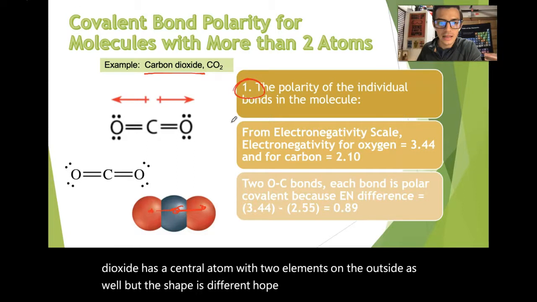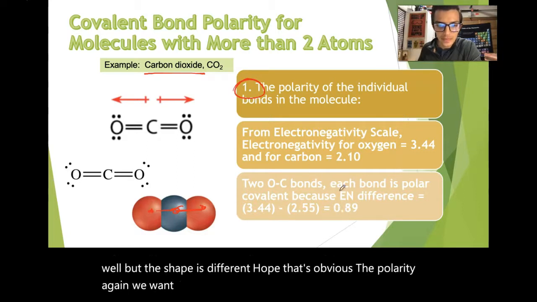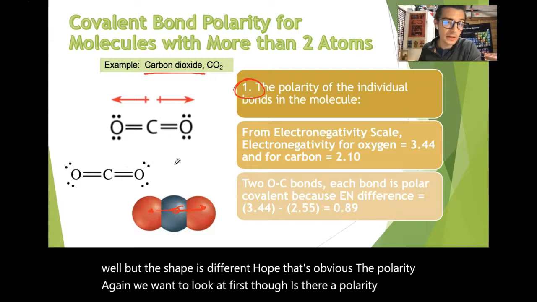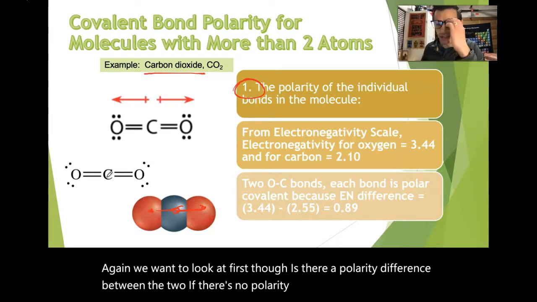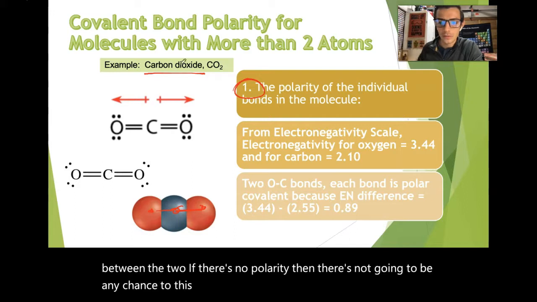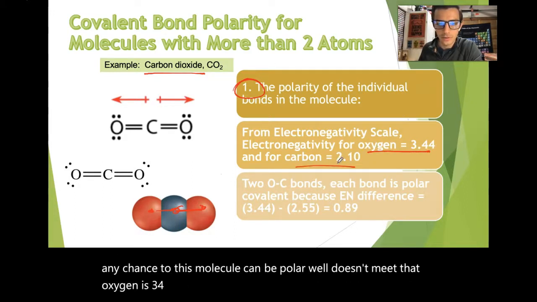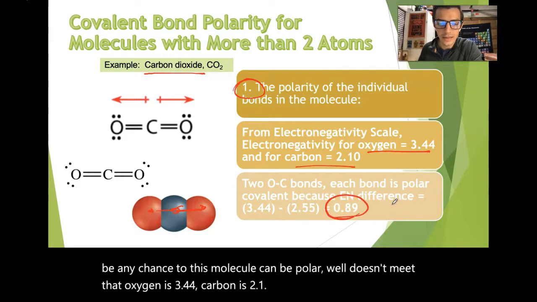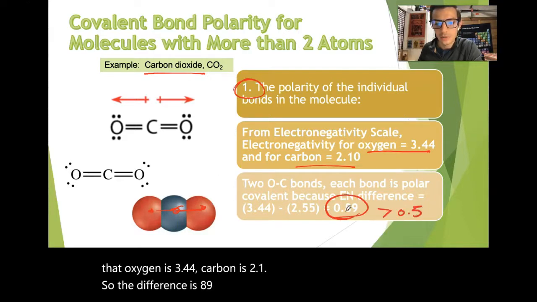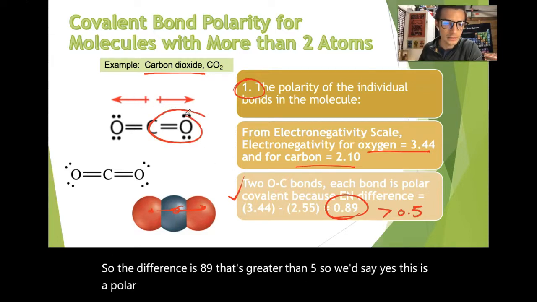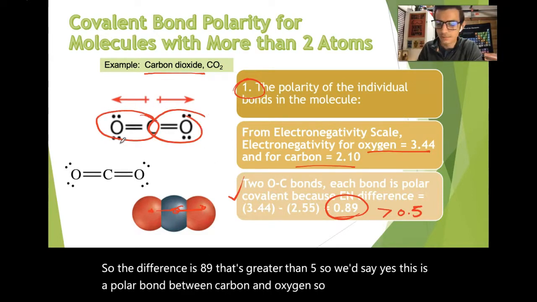The polarity, again, we want to look at first, though. Is there a polarity difference between the two? If there's no polarity, then there's not going to be any chance that this molecule can be polar. Well, it meets that. Oxygen is 3.44, carbon is 2.10. The difference is 0.89, that's greater than 0.5, so we'd say yes, this is a polar bond between carbon and oxygen. So these are two polar bonds.